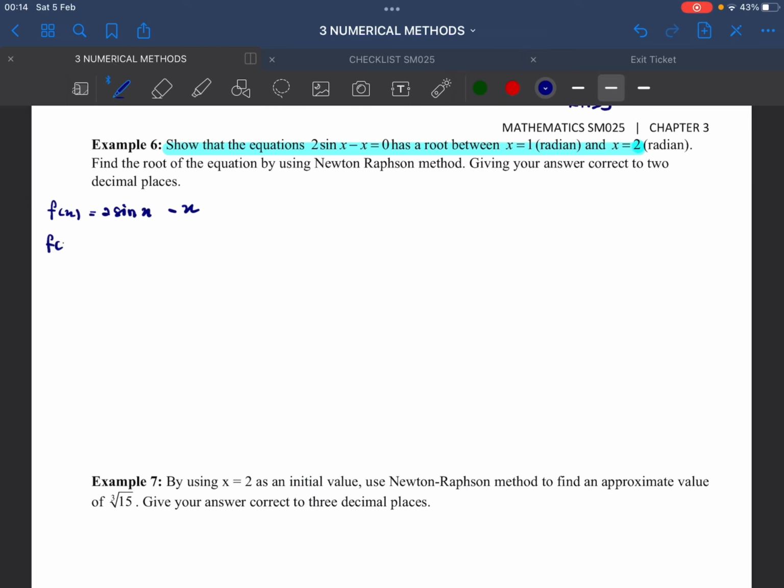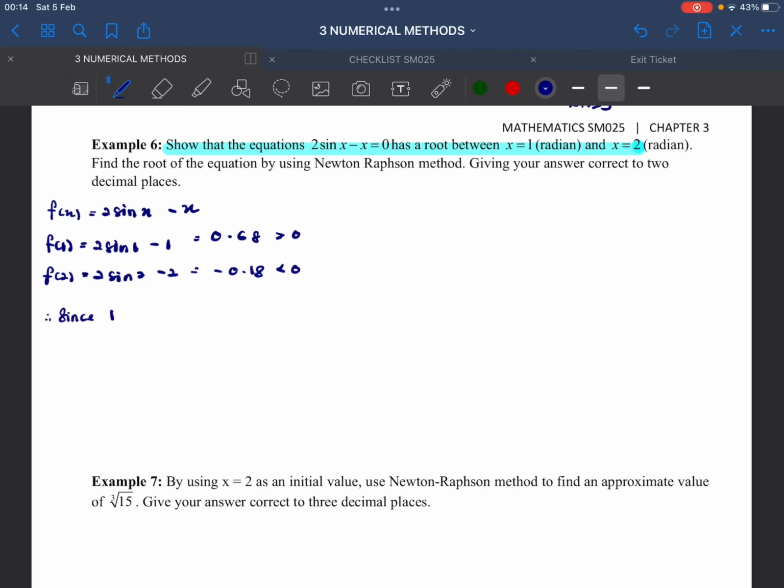So substitute 1, we are going to get 2 sine 1 minus 1, which is we get positive 0.68, a positive value. And if we substitute 2 sine 2 minus 2, we get negative 0.18, which is a negative value. Okay, the question asks to show, don't forget your conclusion.